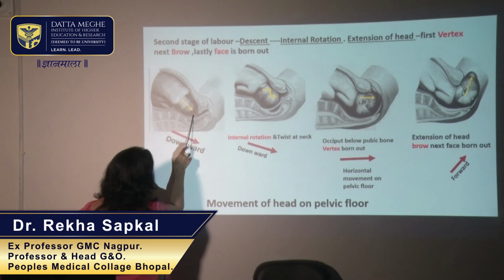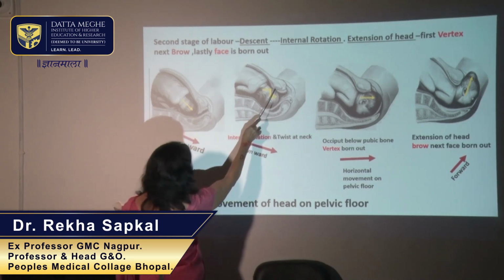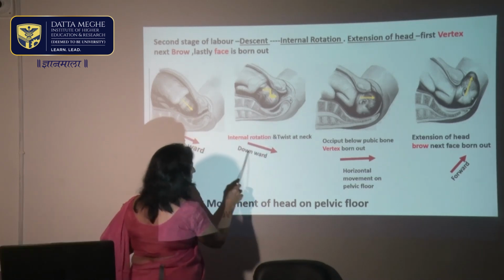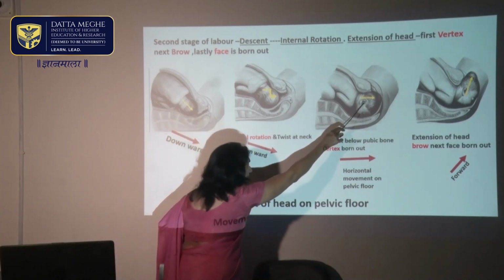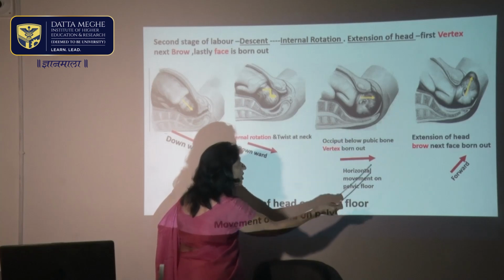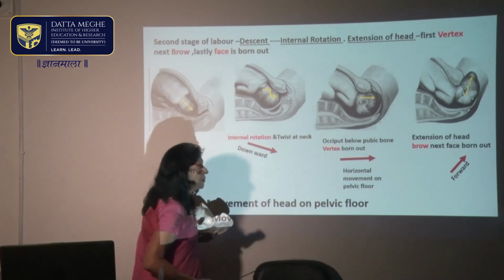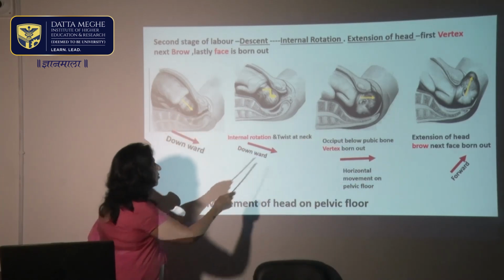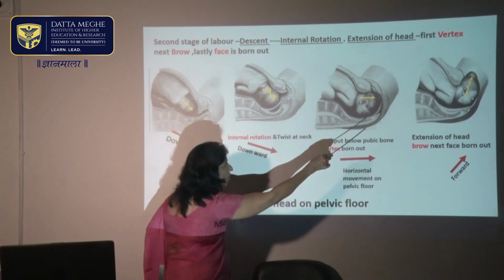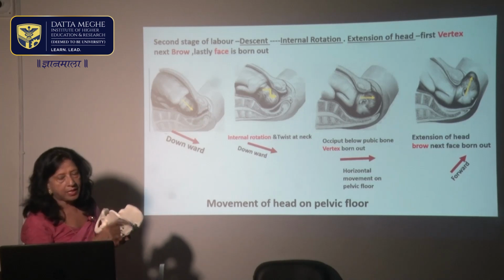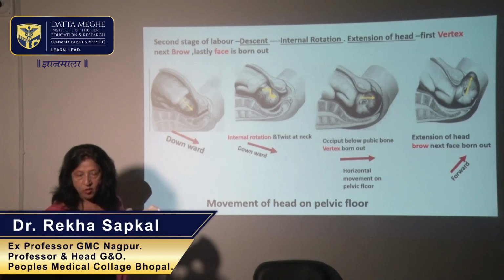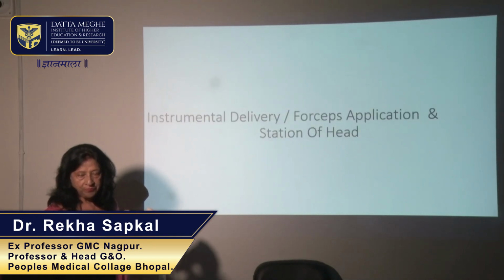Here occiput is down here, then it rotates towards the midline in front. So, that is the downward movement. Then the occiput comes below the pubic symphysis in the horizontal direction and the extension of the head. So, first the vertex is borne out, then the brow and lastly the face is borne out when there is extension of the head. So, this movement occurs on the obstetric axis of the pelvis.